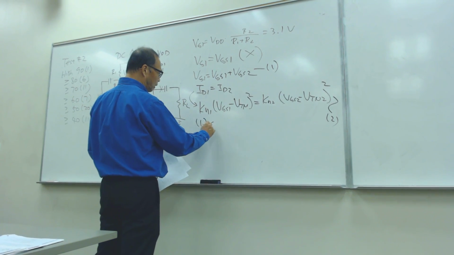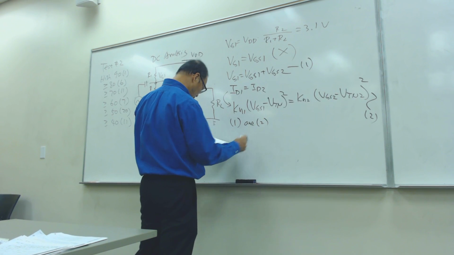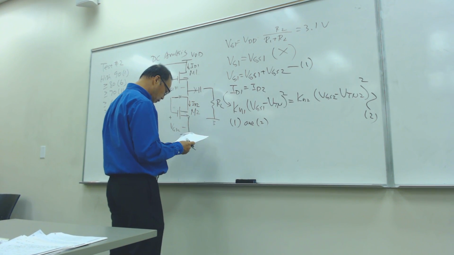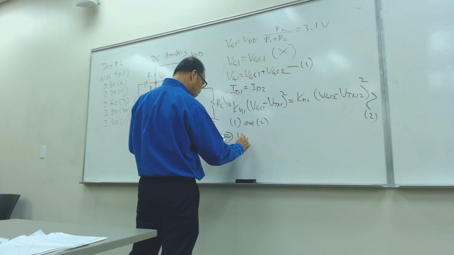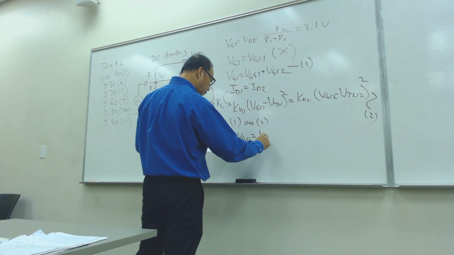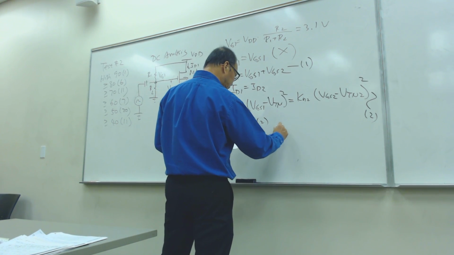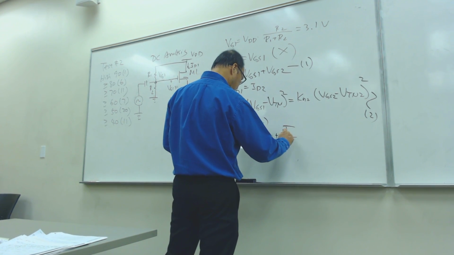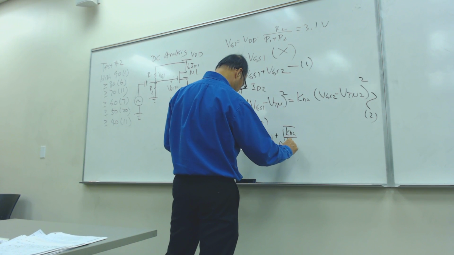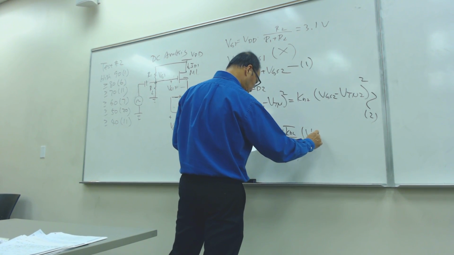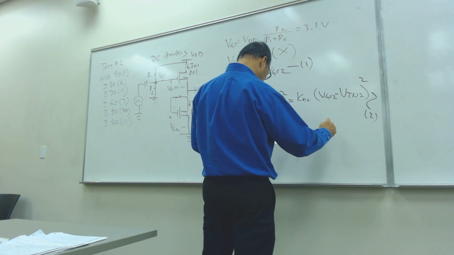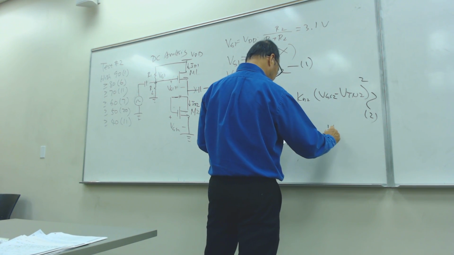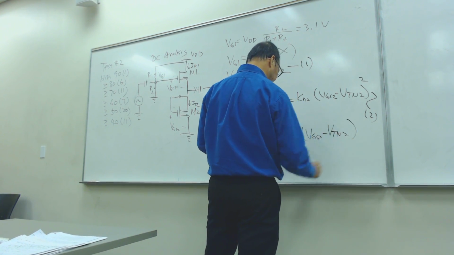So you get VGS1 equal to VGN1 plus square root KN2 over KN1 times VGS2 plus VGN2.